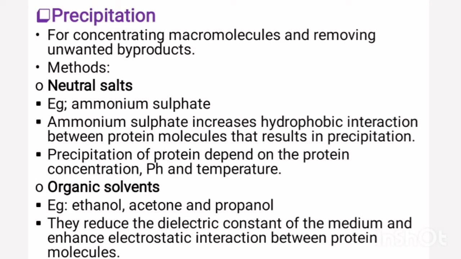Precipitation is another method of concentrating molecules. It is the simple and most common method used for concentrating macromolecules like proteins and polysaccharides, and it is also used for the removal of unwanted byproducts like nucleic acid and pigments.